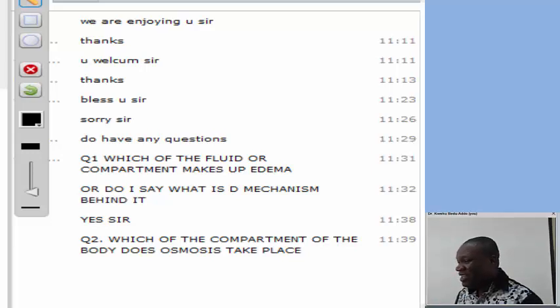If you put the red blood cell in a solution that is more concentrated than blood, the red blood cell will be losing water through osmosis into the solution, and this will lead to crenation of the red blood cell. I will explain it more when we get to osmosis. I hope in the interim, this has shed some light on your osmosis questions. So we move on.